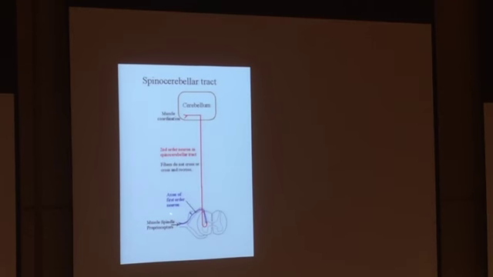The information will go in, there will be a synapse, and then, this is not drawn, it's anatomically correct, but it's just to give you a big picture, it goes straight up to the cerebellum. No crossing, same side. If you would just draw a circle right here, we will talk about cerebellar anatomy next week, but 3 of these 4 pathways go through the inferior cerebellar peduncle and up to the cerebellum.